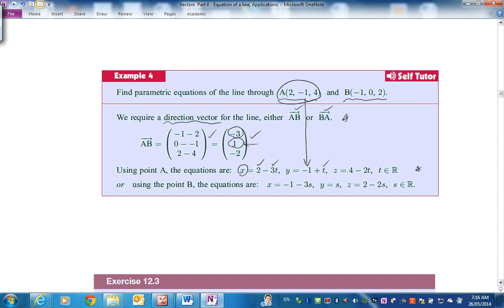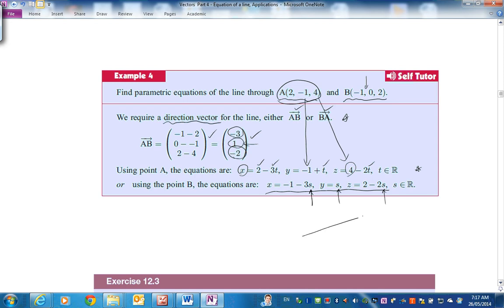Then we take the z value from A and displace it t lots of the direction vector, negative 2. Or you could use point B. There's not a unique equation here because you could think of moving B out various distances along the direction vector, and in any problem, if you're using different starting points, you should use different parameters.